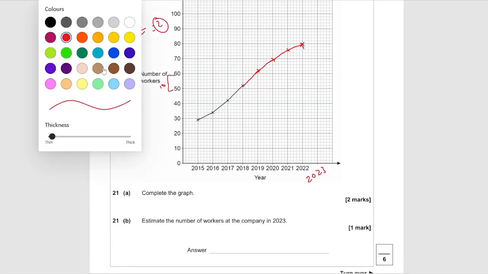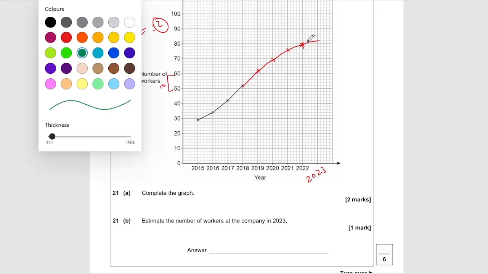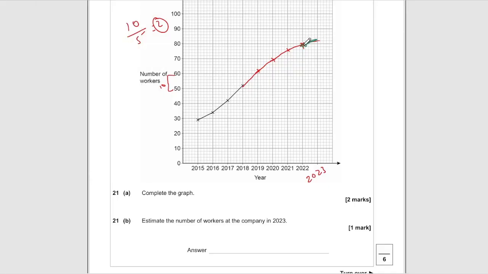So what would happen to it? It seems like it's just tailing off a little bit. So even if it's carried on that same pattern, it would maybe be somewhere there. Okay, or it may actually go up even further, so it might sort of go back up to that sort of range, so anywhere between 82 and 90.